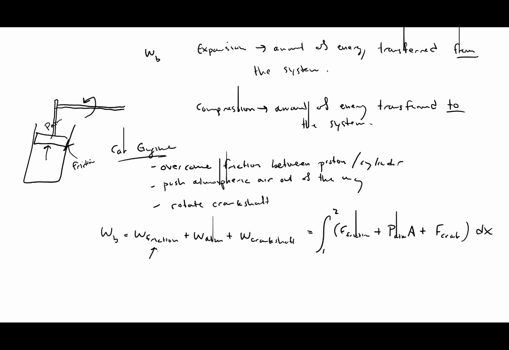And this work from the friction appears as heat. So it appears as frictional heat. And then this crankshaft work is the energy transmitted through the crankshaft to, say, the wheels and other components.